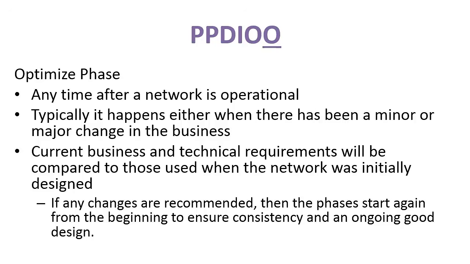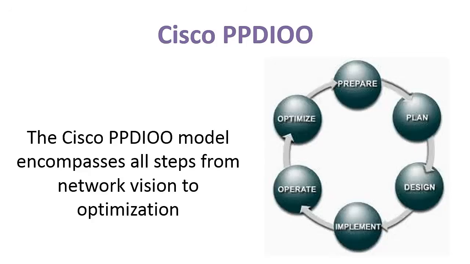If any changes are recommended at this phase, then the phases can start again from the beginning to ensure consistency and ongoing good design. So as you can tell, this whole Cisco design life cycle is never ending. But it does allow you a structured approach on not only how to research what your business requirements are, but really from A to Z on how to implement new ideas that meet business needs.